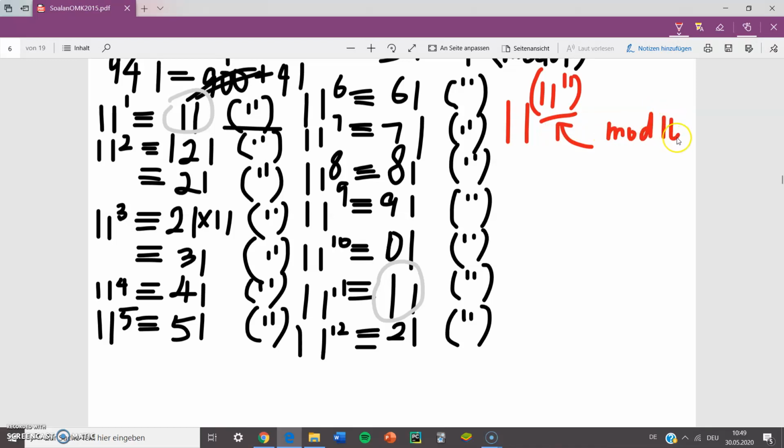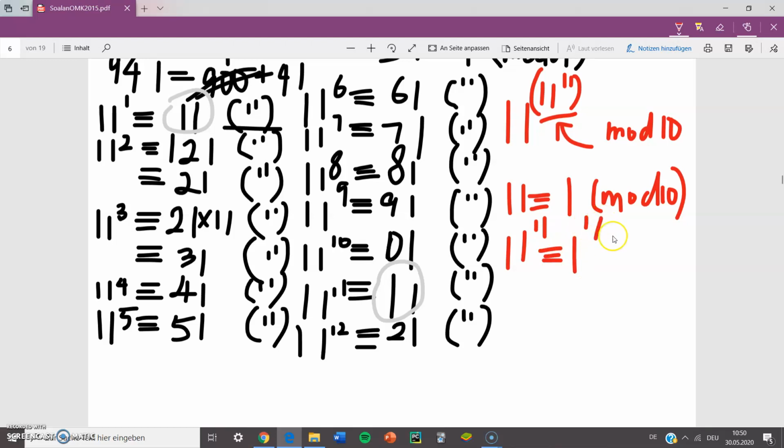You can see that 11 is congruent to 1 mod 10, with 10 being the number of powers in each cycle. So 11 to the 11th power is equal to 1 to the 11th power, mod 10. Then 1 times itself 11 times is of course 1.